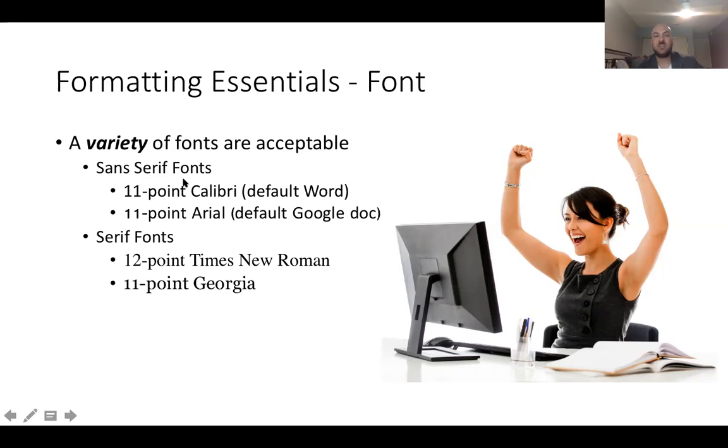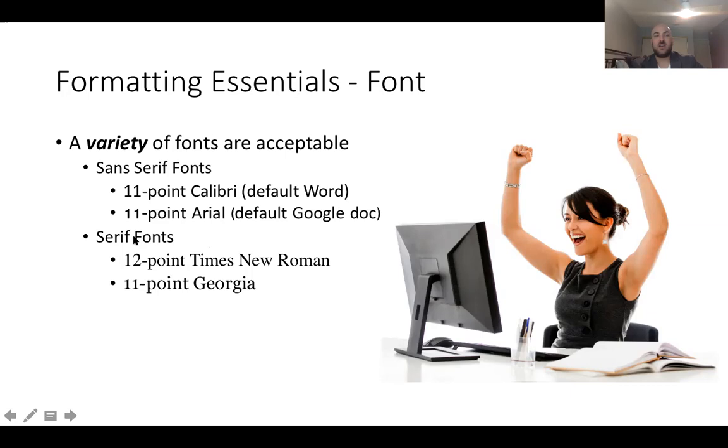The sans serif fonts don't have the sharp points at the end, and these include Calibri and Arial. You see how they're a little smoother at the edge of their letters. It's fine to use 11-point Calibri or 11-point Arial, which is nice because that's the default in Word and the default in a Google Doc when you're writing these manuscripts.